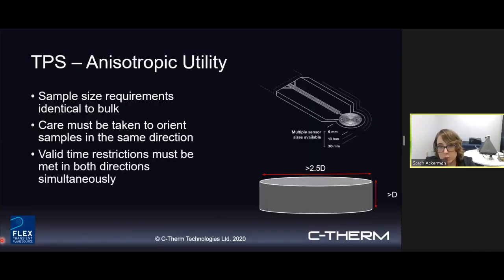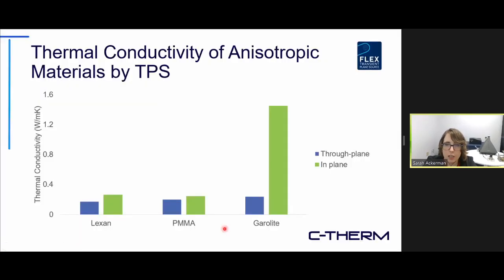And then also with a TPS system, you can also test anisotropic materials. In this case, you sandwich the sensor between specimen halves that are thick enough to act as semi-infinite mediums. And then if you have knowledge of the volumetric heat capacity of the material, you can basically solve for the through plane and the in-plane factors of the thermal conductivity.